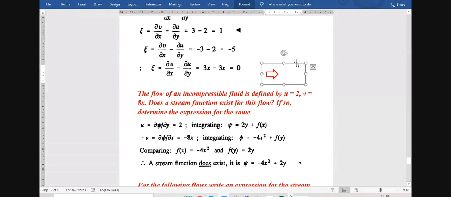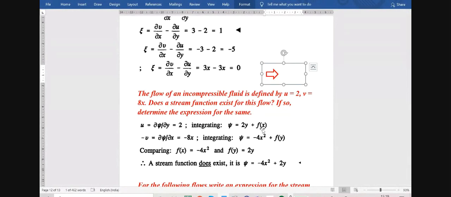I have written here f(x). Now, it can be a constant or it can also be a function of x. Because if this is a function of x and I differentiate this with respect to y, I will get dou psi by dou y is equal to 2 plus a pure function of x. So what is the derivative of a pure function of x?